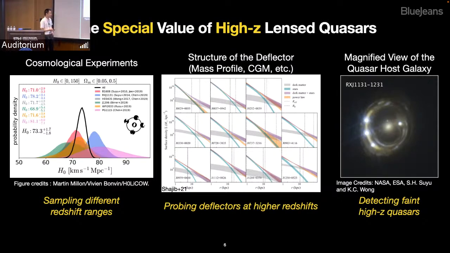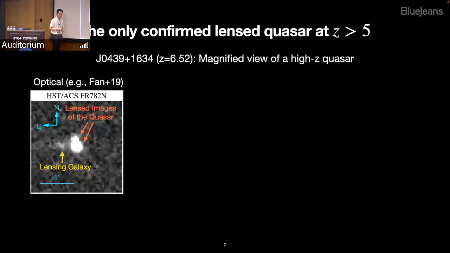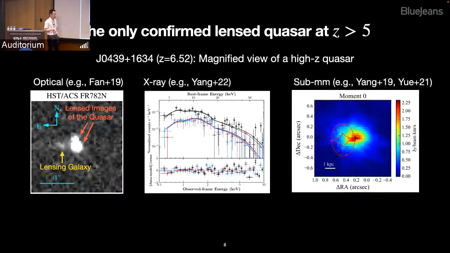Just as an example, here I'm showing the lensed quasar at 6.5 that Jinyi just mentioned. This is J0439. We discovered this lensed quasar a few years ago, and ever since then we have been gathering multi-wavelength follow-up observations of this system. As I mentioned, there are some faint signals that are usually not available for high-redshift quasars that we do detect for this quasar.